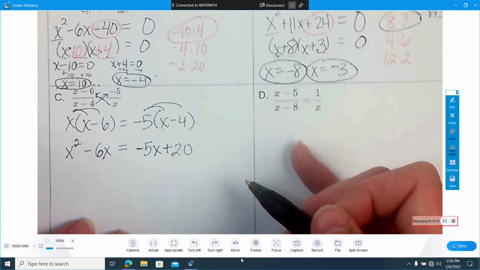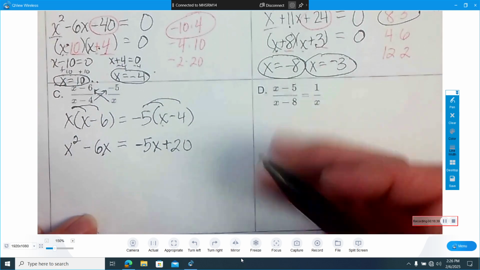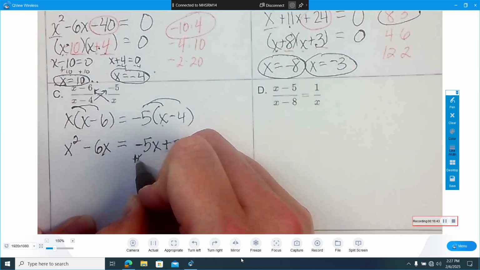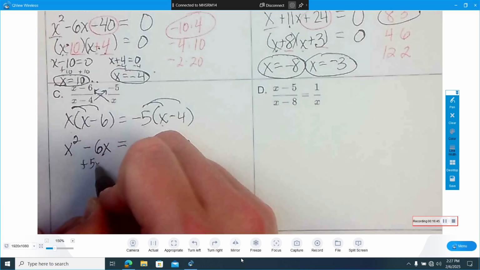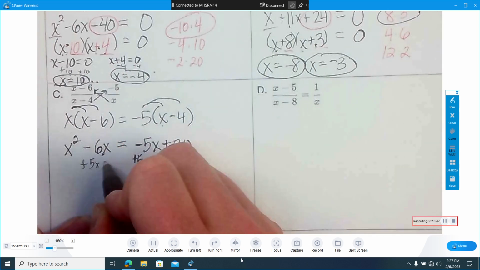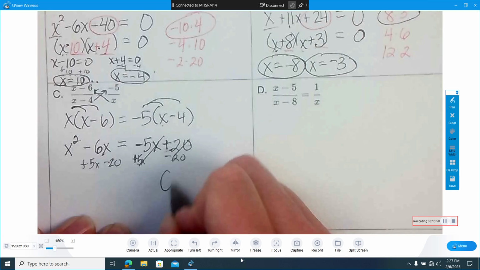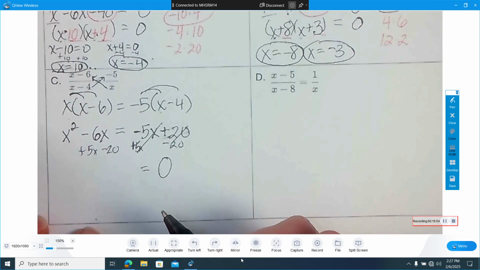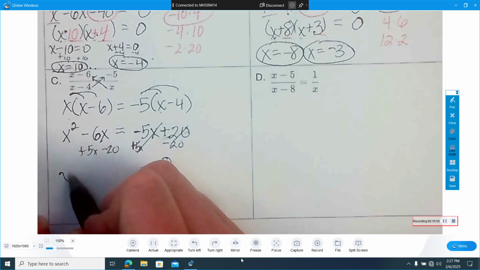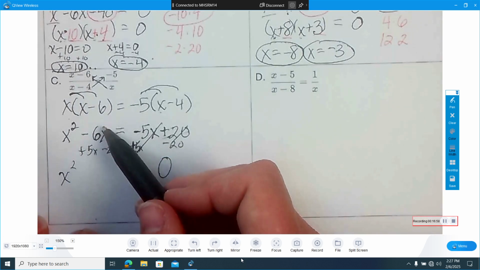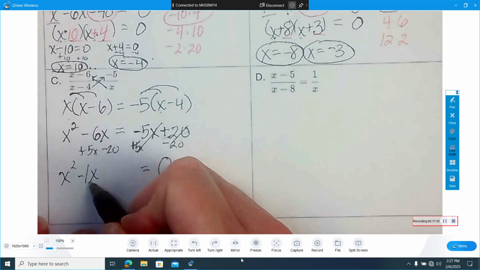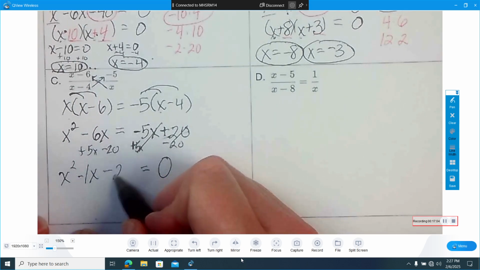All right, we have to push everything to the left-hand side. So I'm going to add the 5x, and subtract the 20, so that I get a big 0 on the right-hand side. So I have x squared, negative 6x and positive 5x is negative 1x, minus 20.